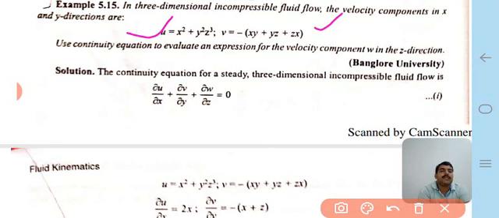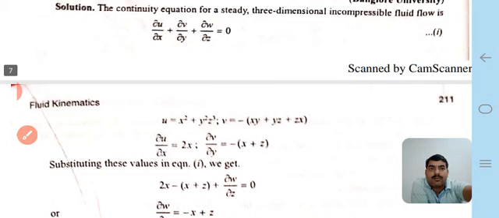Use the continuity equation to evaluate an expression for the velocity component w in the direction of the z axis. This question asks us to calculate the velocity component along the z axis. This example was asked in Bangalore University. Now we come to the solution of this question.